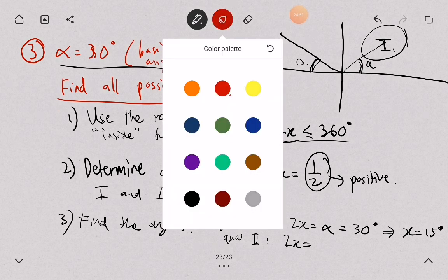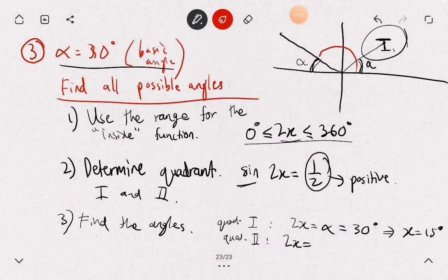So now we are interested in this right angle here. And what is the right angle? It's 180 minus alpha.